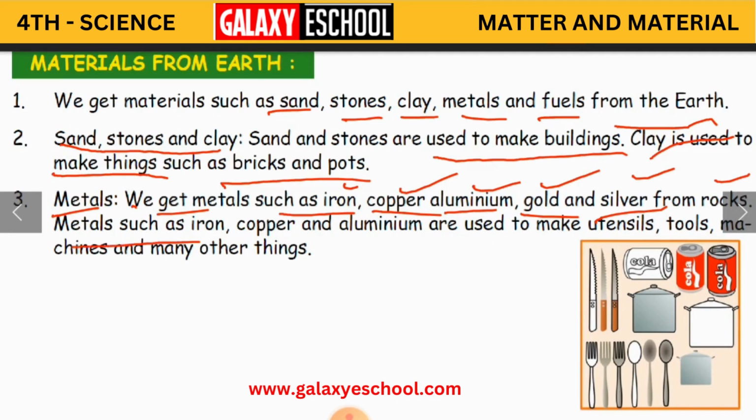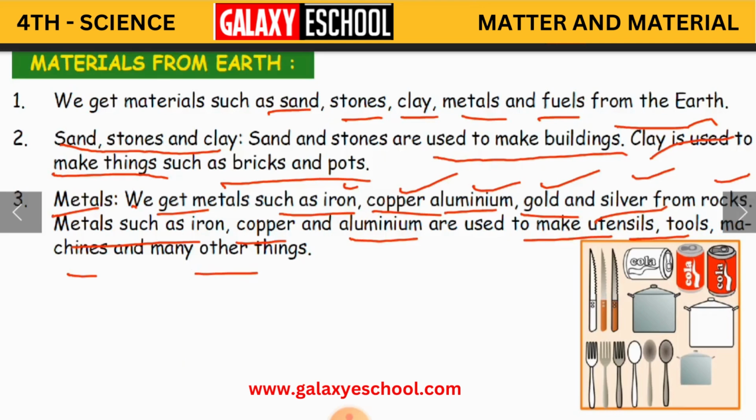Metals such as iron, copper and aluminum are used to make utensils, tools, machines and many other things. Mostly we use iron, copper, aluminum in our kitchen to make utensils.